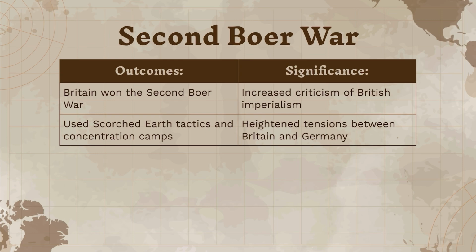Some of the outcomes included that Britain won, and they used scorched earth tactics and concentration camps in the Cape Colony. It was significant as it increased criticism of British imperialism, and it heightened tensions between Britain and Germany.